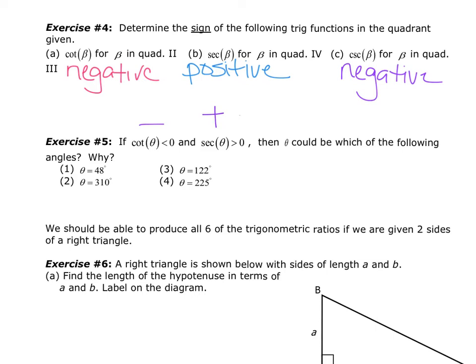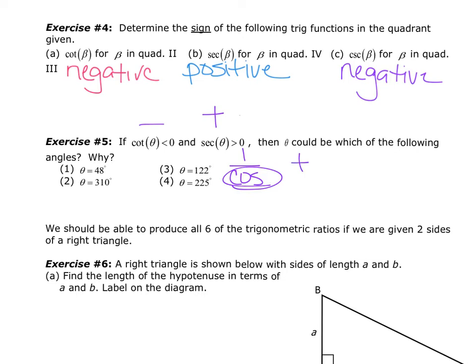I'm going to focus on the secant being positive first because the cotangent being negative has a couple more variables there. So the secant is 1 over the cosine, right? So 1 is positive, so the cosine has to be positive, in order for you to get a positive when you divide those.